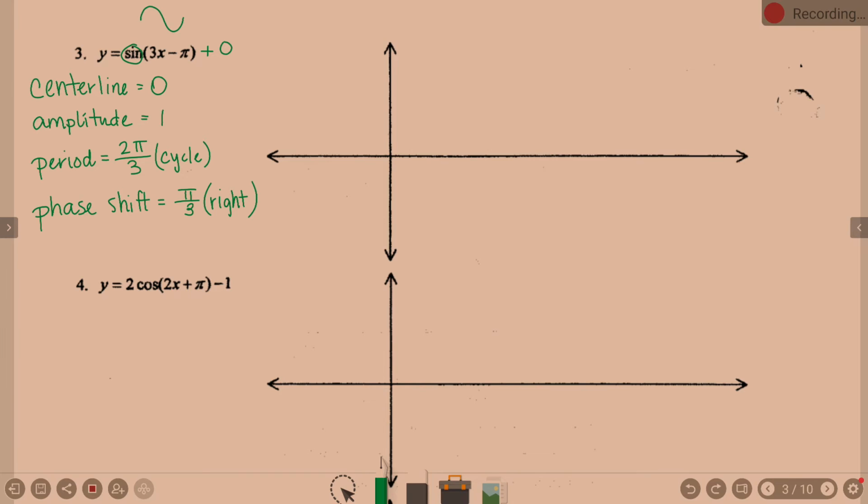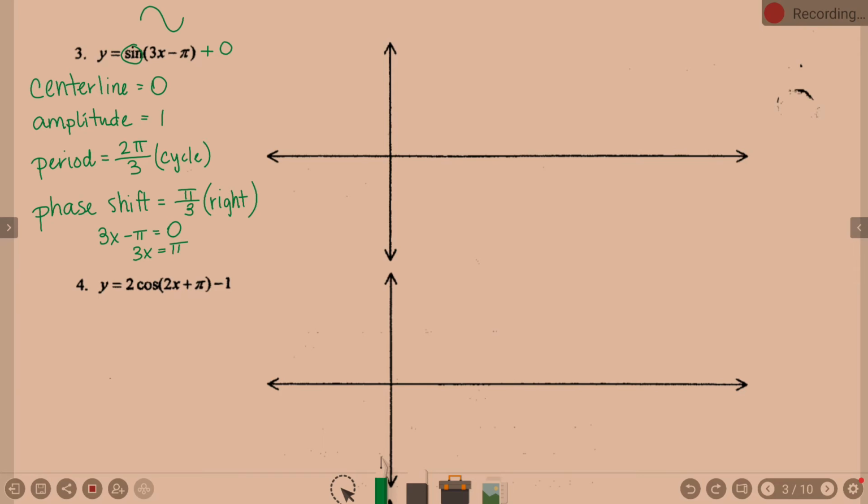Something I also sometimes do if you struggle with the phase shift or remembering what sign to use, another thing I will say is take whatever's in parentheses there and set it equal to 0. So if I take 3x minus pi and set it equal to 0, and you solve that for x, that will give you your phase shift as well. Does that make sense? Because I can add pi.